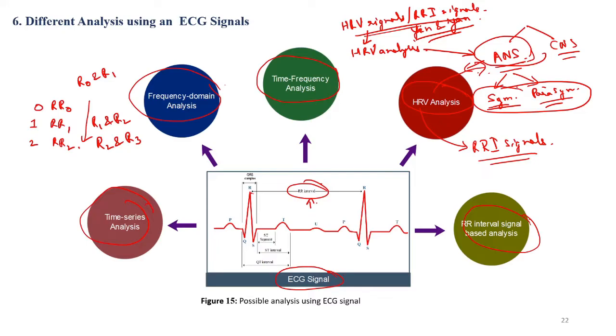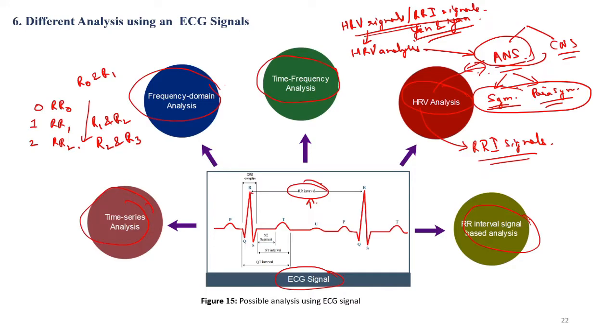what it is allowing us is to analyze the autonomic nervous system in a non-invasive manner. Otherwise, most of the other methods for analyzing the autonomic nervous system are invasive in nature. Okay, you need to place the electrodes within the body, and you have to do the analysis of the chemicals at certain sites.